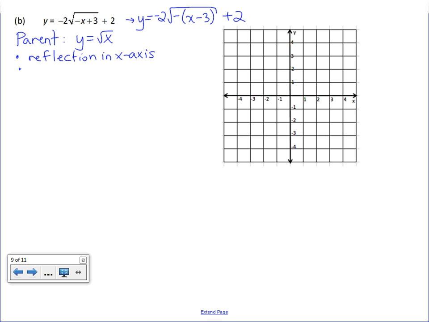Vertical stretch by a factor of 2. Moving on to k. The k value is negative, so I have reflection in the y-axis.